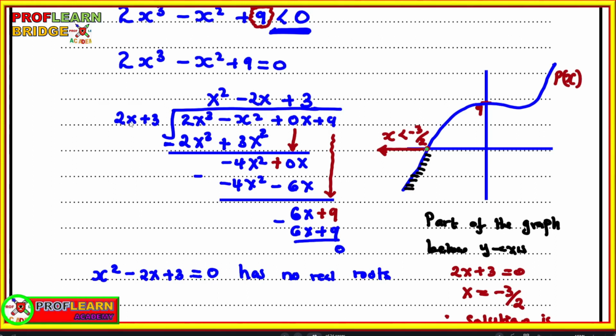Negative 2x times 2x plus 3 gives us negative 4x squared, negative 2x times 3 gives us negative 6x. So we again subtract this. This part goes to 0, and this becomes a 6, and we pull 9 down. We are going to have 6x plus 9.